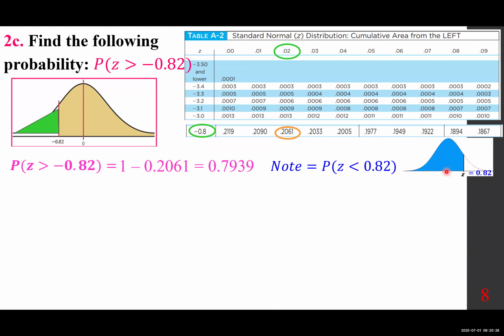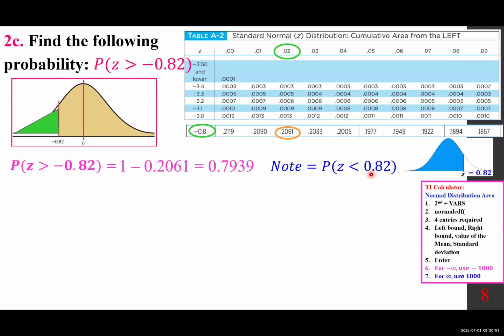Area to the left of 0.82 and to the right of negative 0.82, these two areas are the same too. So it's just by symmetry, we should be able to recognize that. So you can go to the positive and read that. In any event, various ways of reading the table.